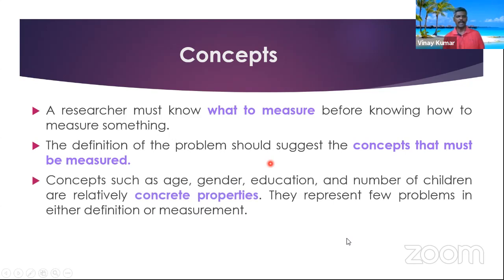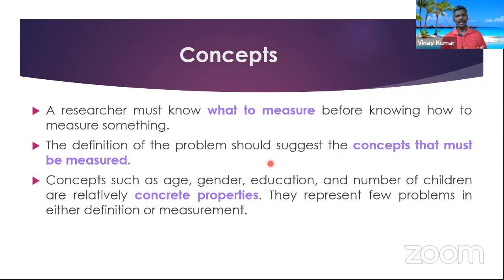For example, I may take a concept as age, I may take gender as a concept, or I may take education as a concept, number of children. They're all also concepts. But if you see all these concepts, they are concrete properties, and they represent few problems in the definition of measurement. So it's very easy to measure such concepts like age, gender, education, number of children.